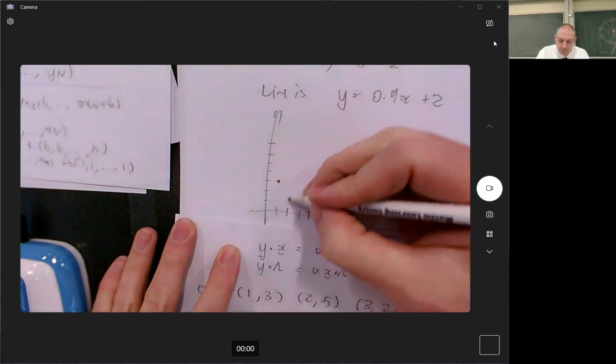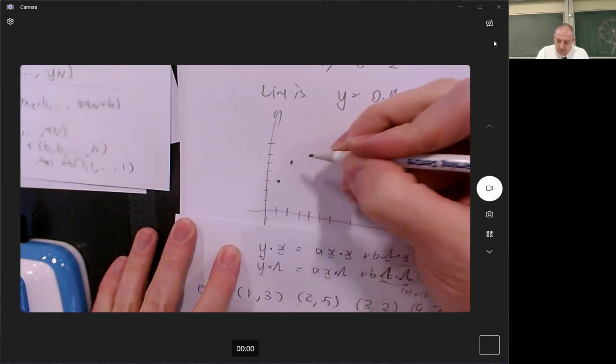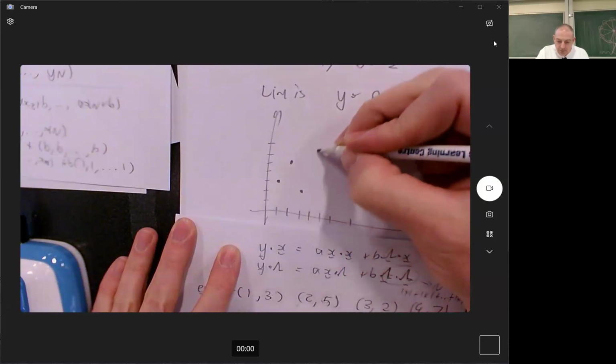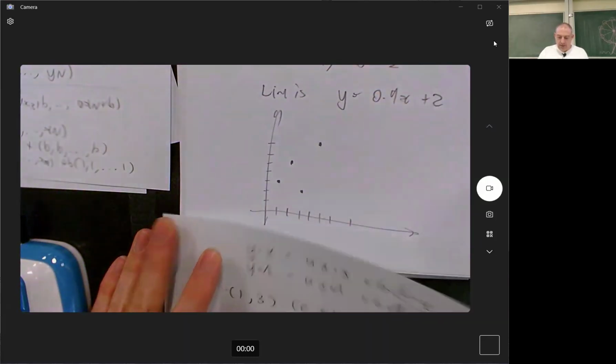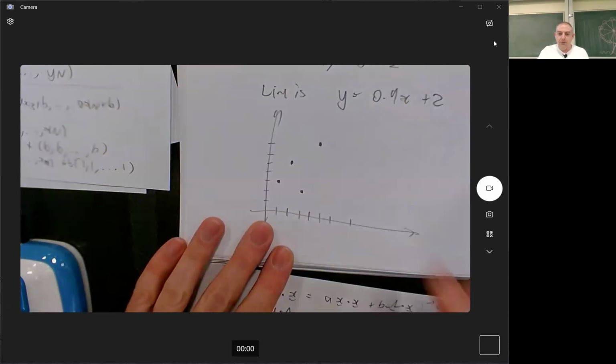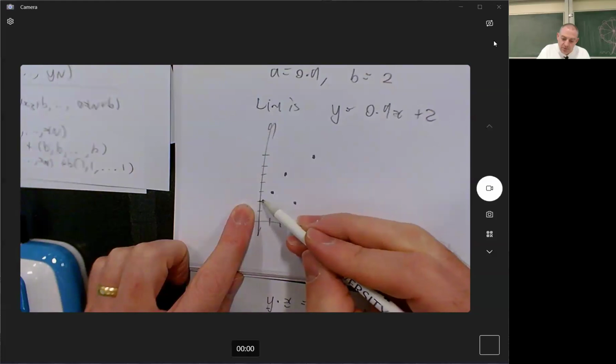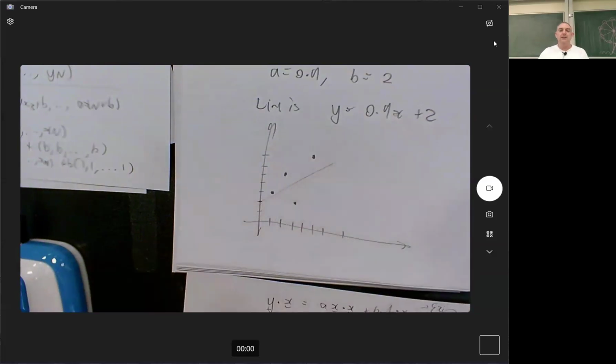Two, 5. And 3, 2. And 4, 7. And my line was 0.9x plus 2. So that's got y-intercept 2. And the slope is just under 1. Oh yeah, that's not too bad as a line of best fit.